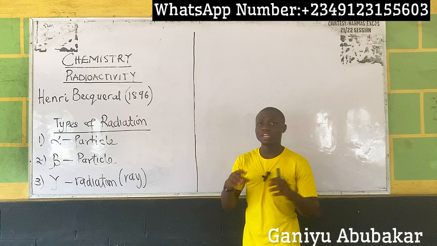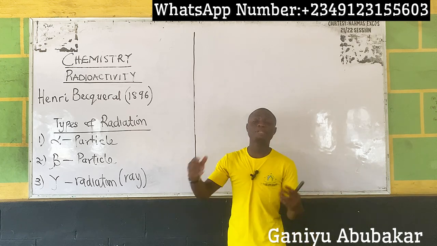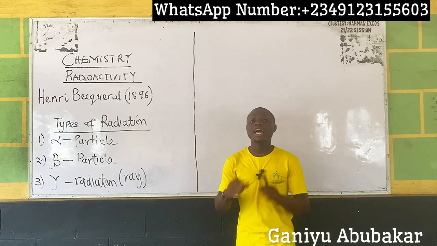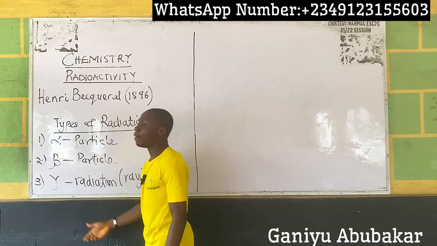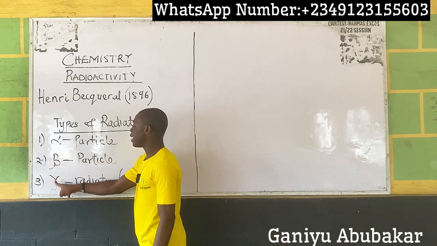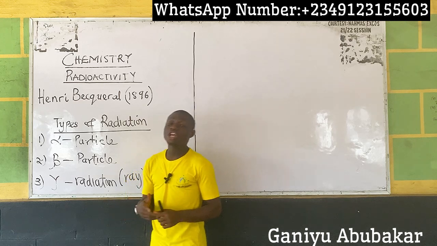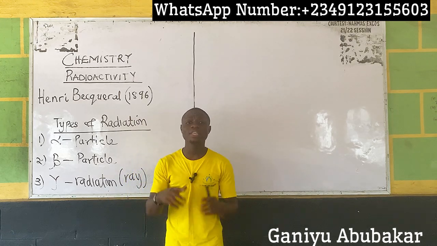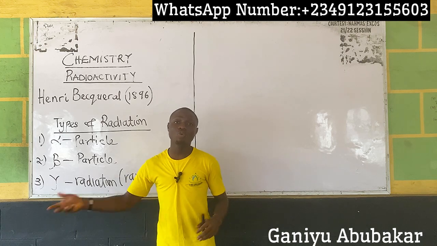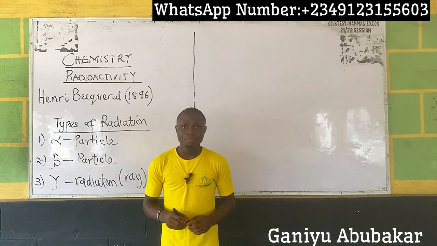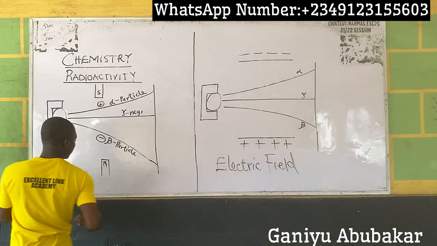So look at two diagrams. One explains the magnetic field, the other explains the electric field, such that I will play a role of alpha, beta, and gamma in the diagrams. So let's look at how you can relate these three to electric field and magnetic field, what they mean.